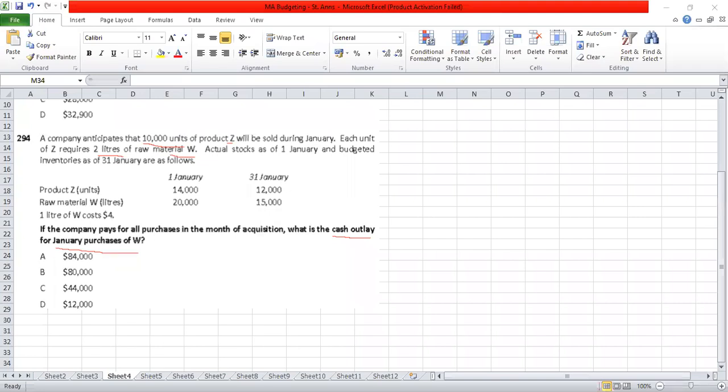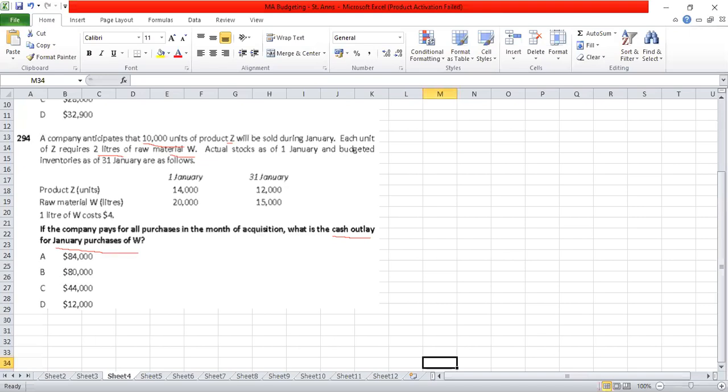What are they purchasing? They are purchasing raw material W. To produce the product Z, raw material W has to be purchased. So when W is purchased, the value of W has to be paid to the suppliers.